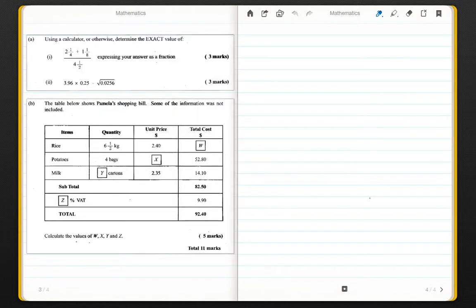So in question 1, we have a typical CSEC question. We're going to use a calculator or otherwise to determine the exact value of this expression.